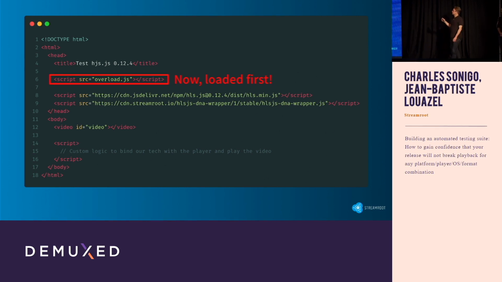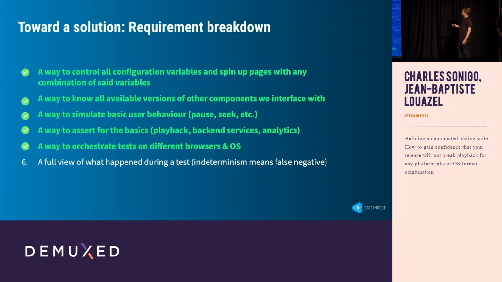Let's take another look at our requirements right now. We now have a completely configurable page generator that can be consumed by our Selenium setup, which will simulate user behaviors.